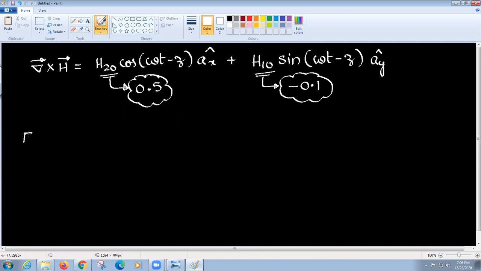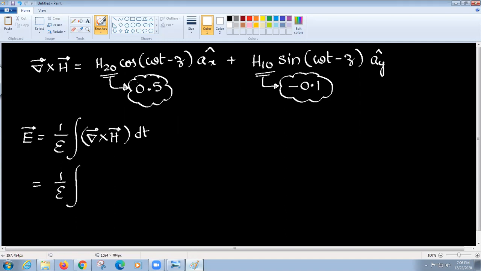Now, what is your E? My E is equal to 1 over epsilon, the integral of curl of H dt. So let me put it down like this: 1 over epsilon, integration of, let me copy it here.